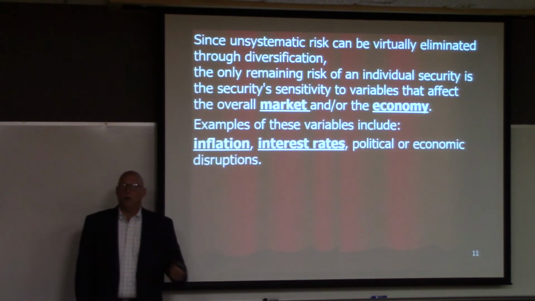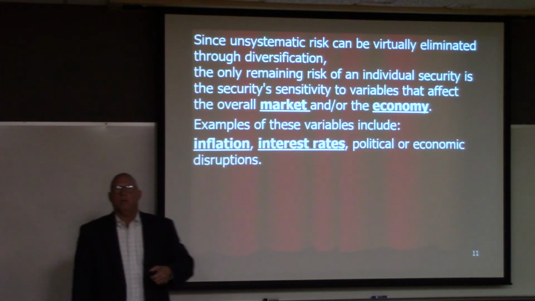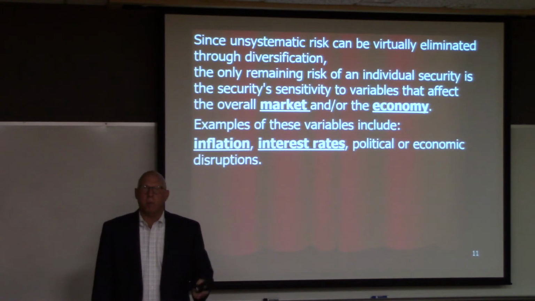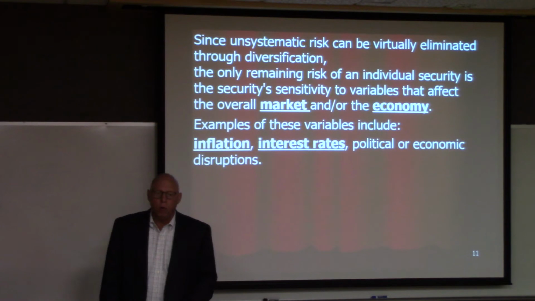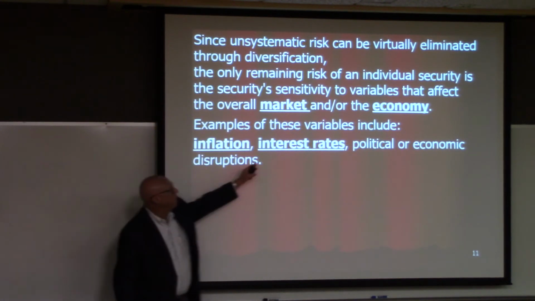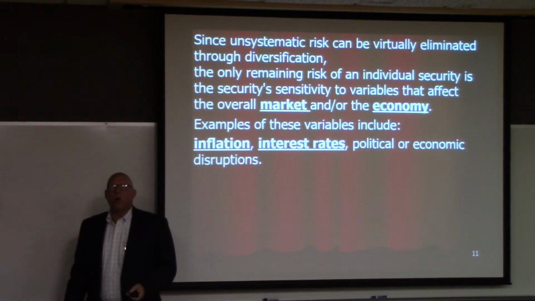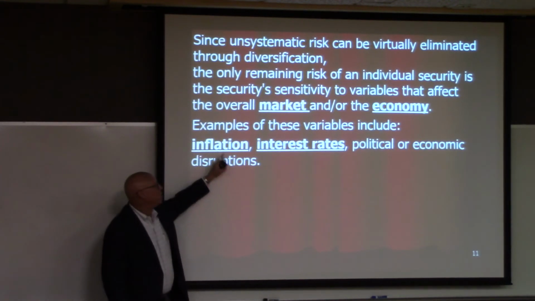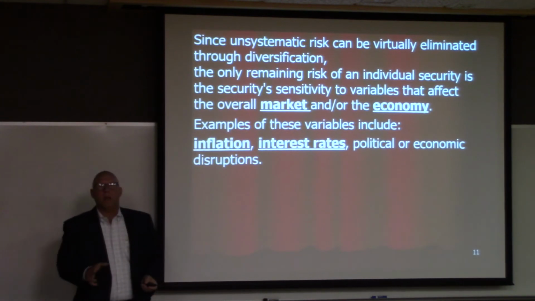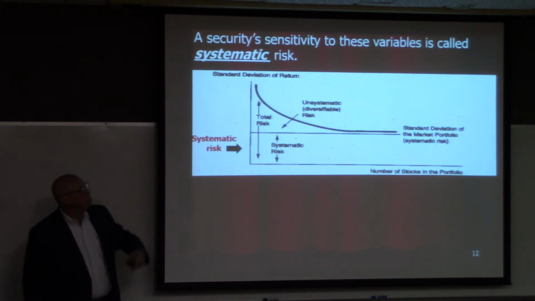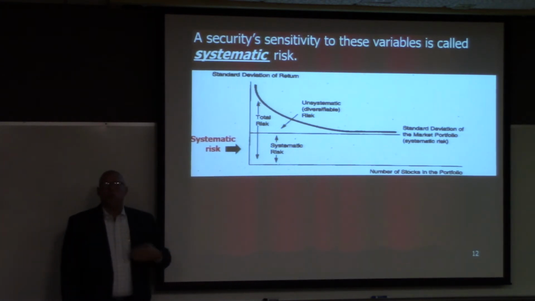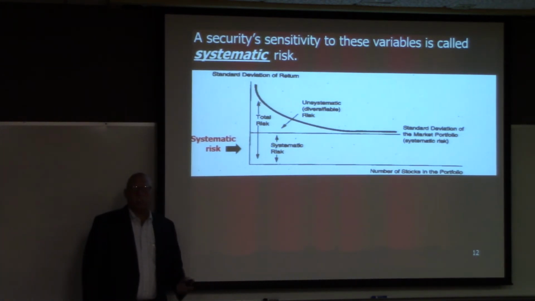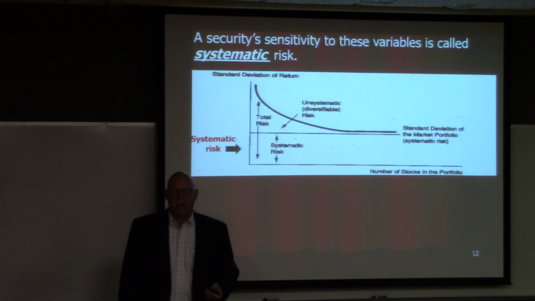Examples of these types of variables, things that affect the individual stocks and the stock market that cannot be diversified away by adding to the number of stocks, would be things like inflation, interest rates, or political or economic disruptions. These things will affect all securities, and you can't diversify them away. Okay? A security's sensitivity to these macroeconomic or systemic variables is called systematic risk.